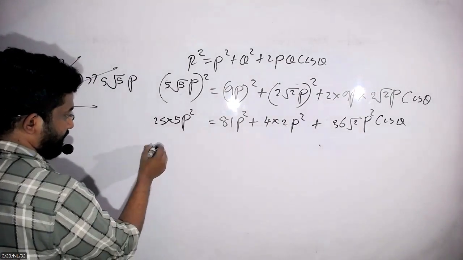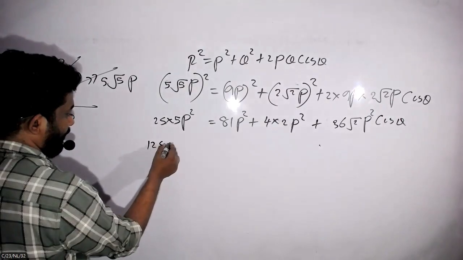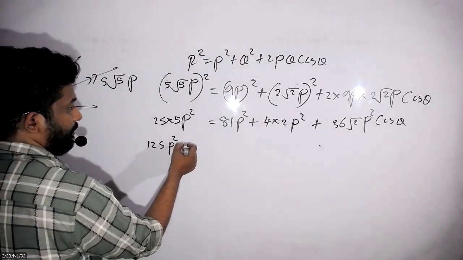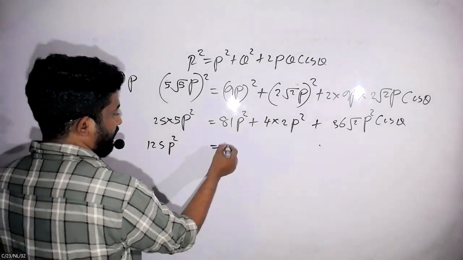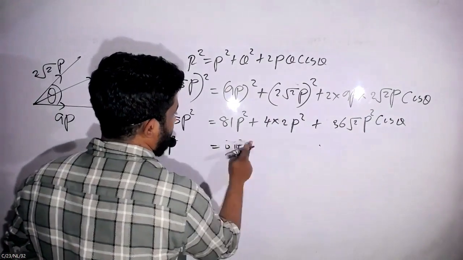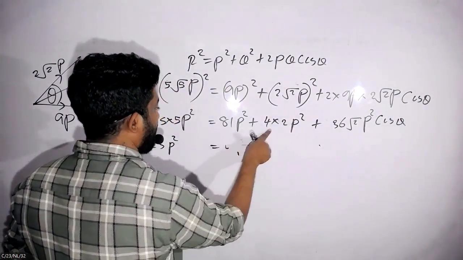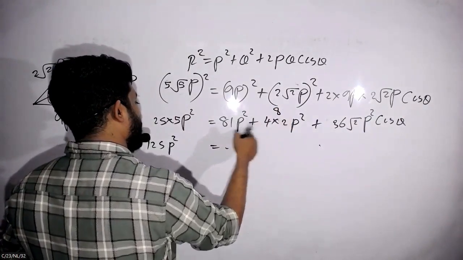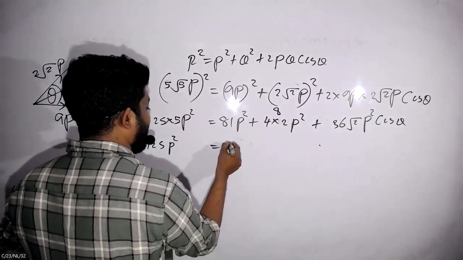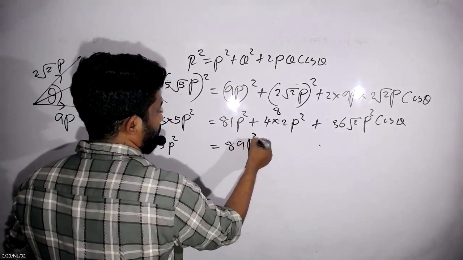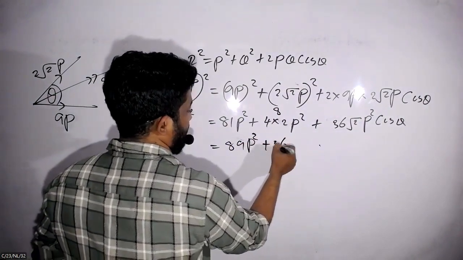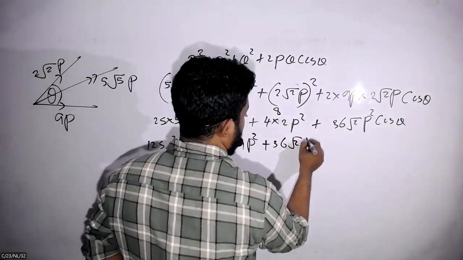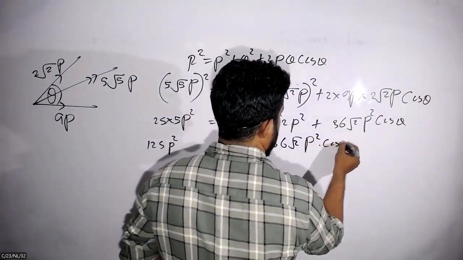Here it comes 36, 125P squared is equal to 81 plus 4 into 2, that is 8, no? 8 plus 81 is 89P squared plus 36 root 2P squared cos theta.